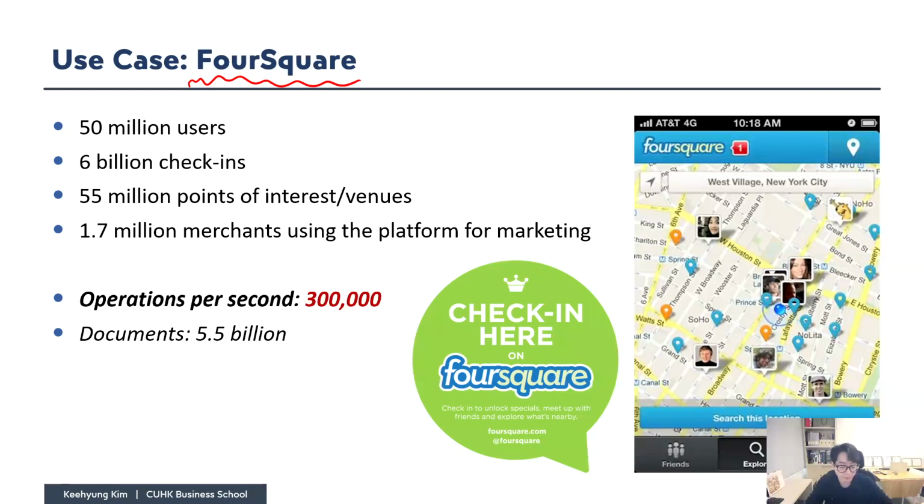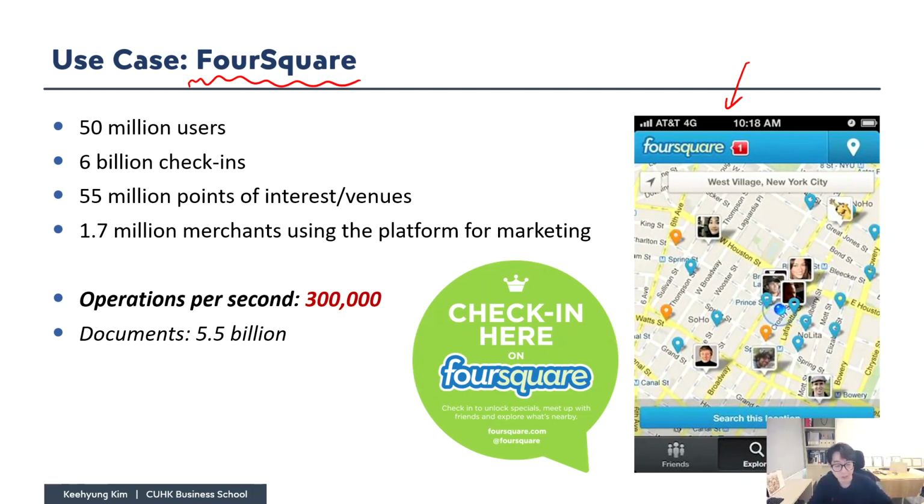What they provided was something like this. You go to a cafe or a restaurant, then you can log into the Foursquare mobile app and click the check-in icon. Then it recognizes your location and knows that you are inside a certain cafe. If you click the check-in icon, you can share your check-in information with your friends.